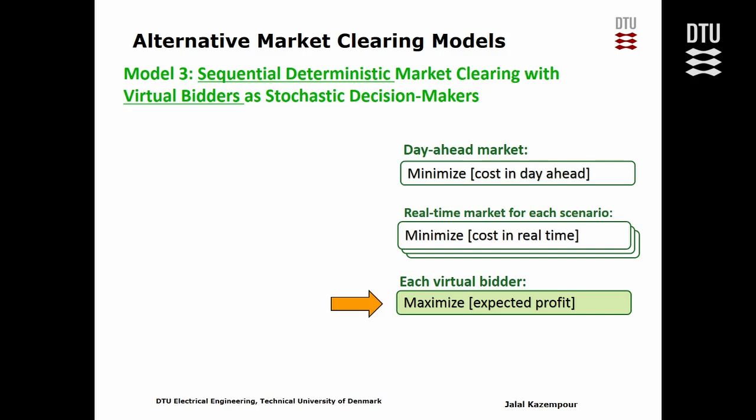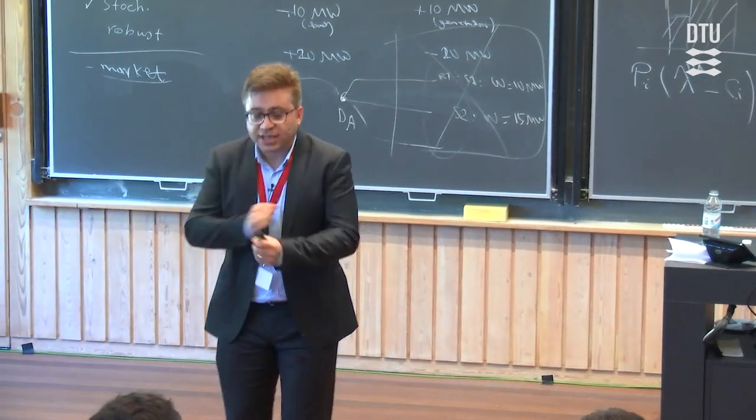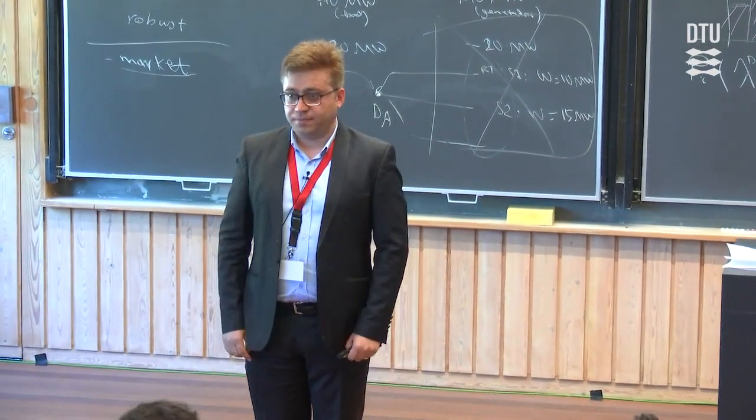Instead of making the market stochastic, allow stochastic decision makers to participate in the market. Like virtual bidders, allow them to come to the market and participate, and let them decide their own dispatch themselves outside the market.